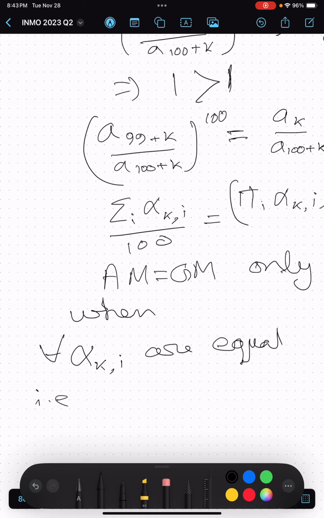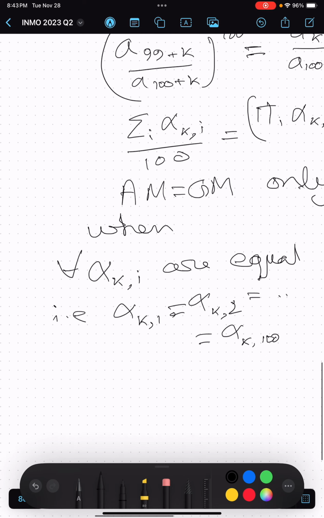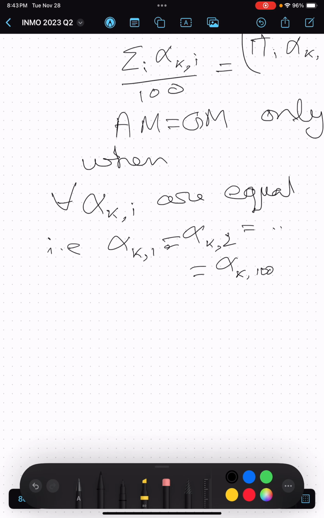That is, all the roots alpha k1 equals alpha k2 equals all the way till alpha k 100. So they are all equal to each other, that is alpha.